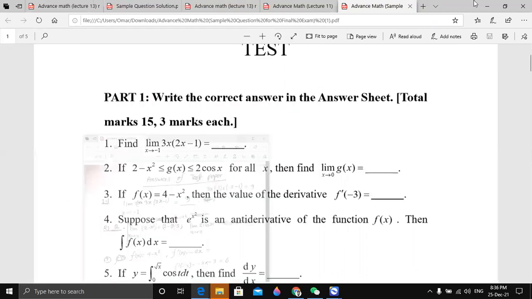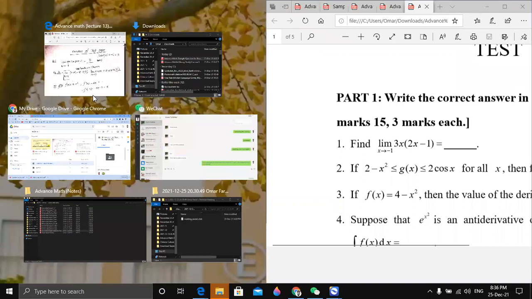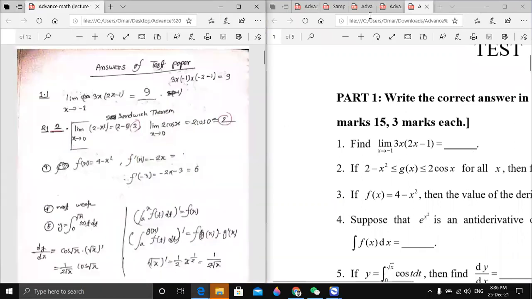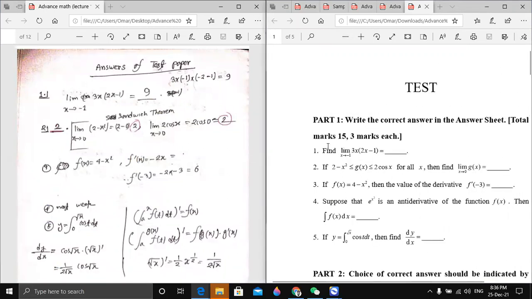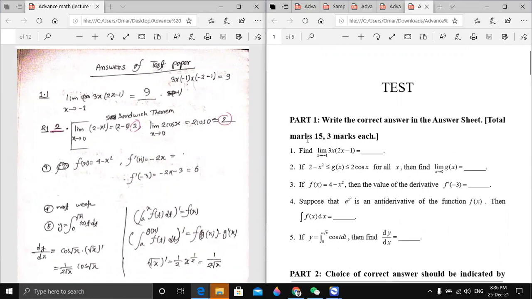No, in part 3 and part 4, you have to show the solution. But for part 1 and 2, you don't need to show the solution, just the answer.